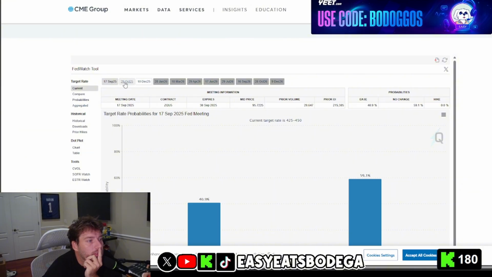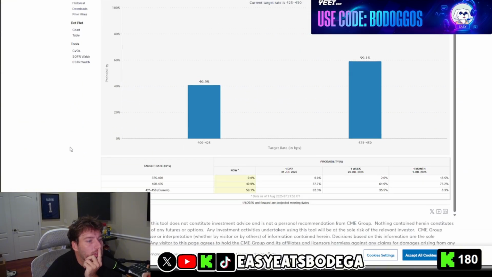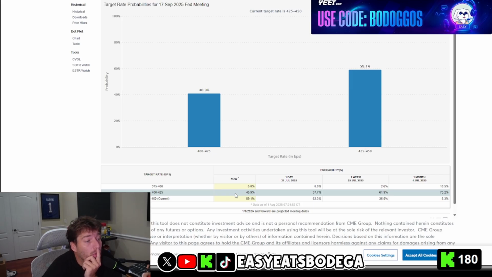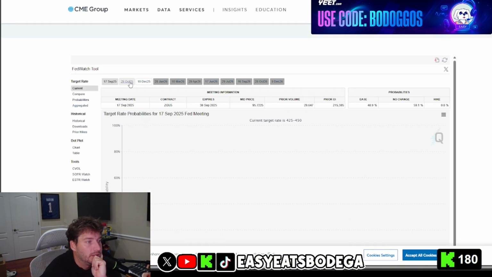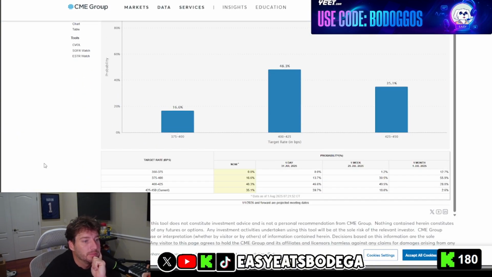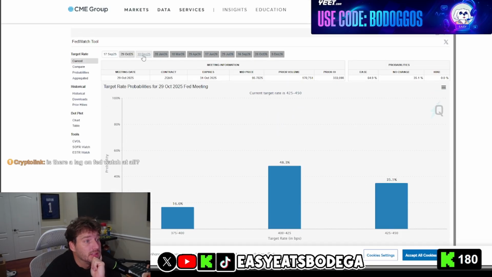Current rate targets. So September is, it is 41% that we get a cut right now. Last month. October is basically saying October's pricing in a cut, starting to price in 2, which is surprising.